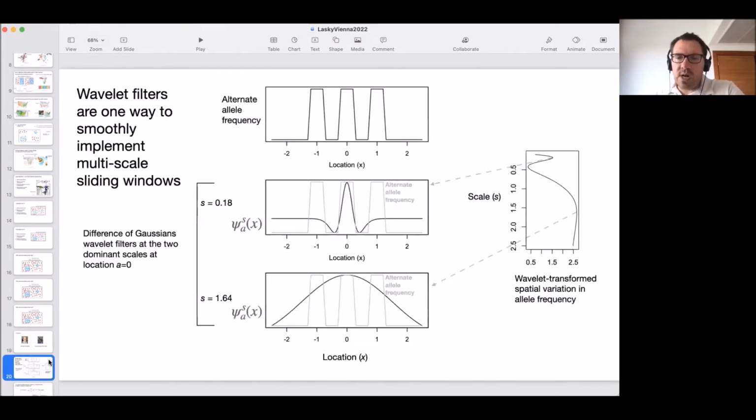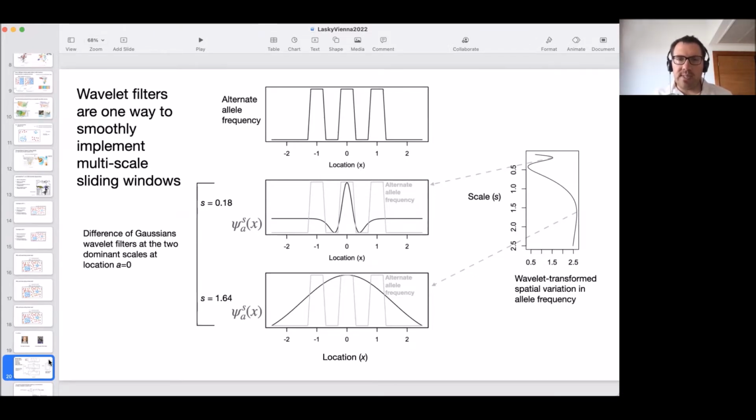So this is a little cartoon example of how the wavelet filters that we're using work on spatial allele frequency data. This is a linear, one-dimensional landscape on the x-axis there. You'll see at the top that there's this fluctuating allele frequency where you've got 3 patches with high alternate allele frequency towards the center of the landscape, and the reference allele on the rest of the landscape.